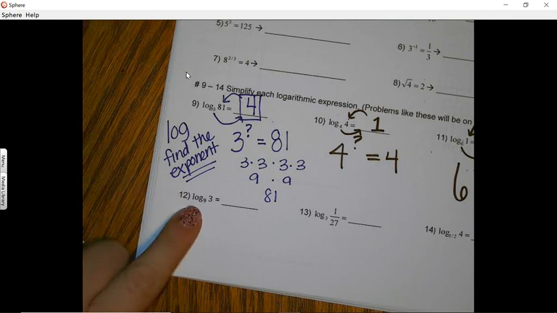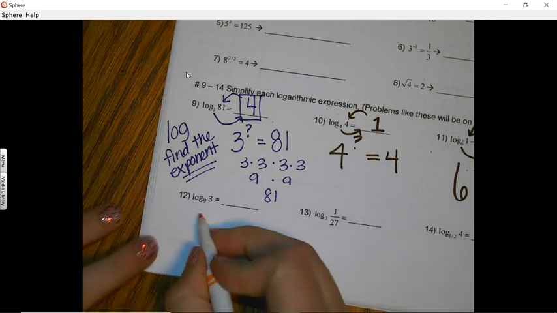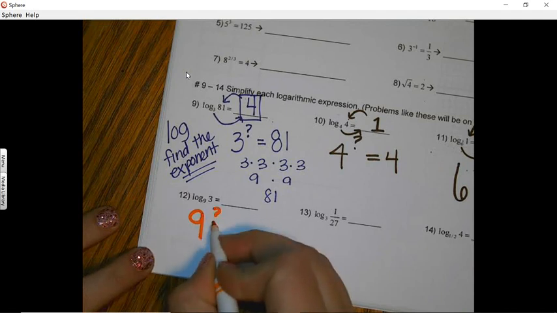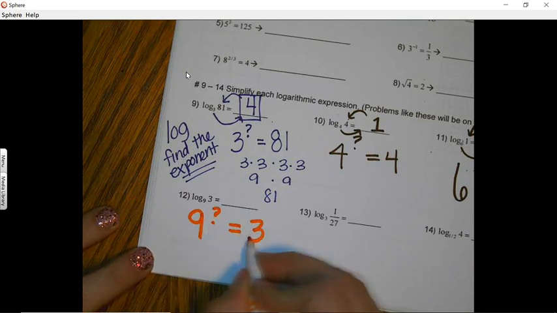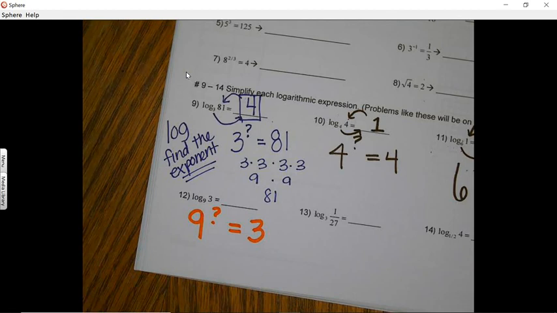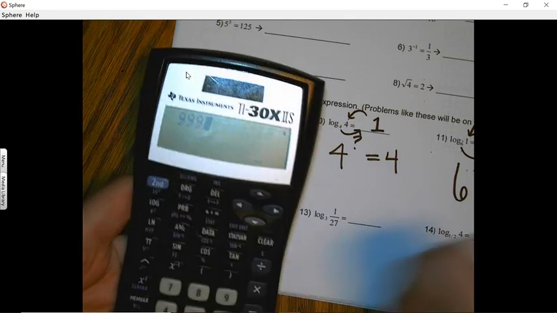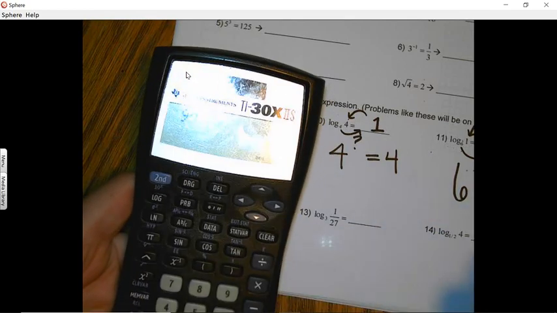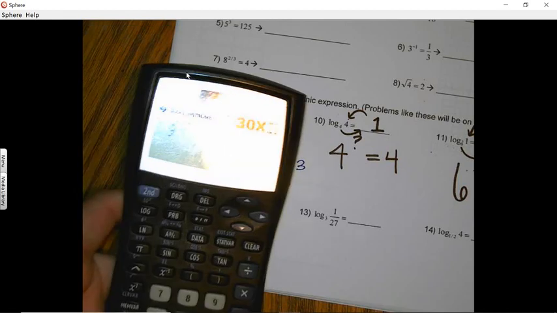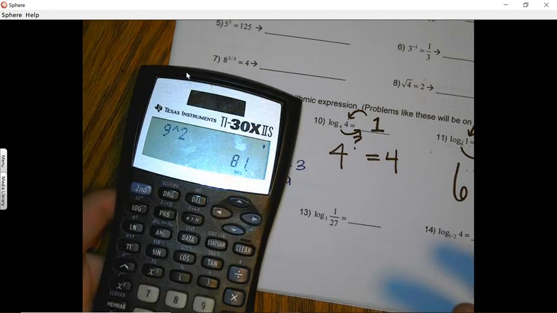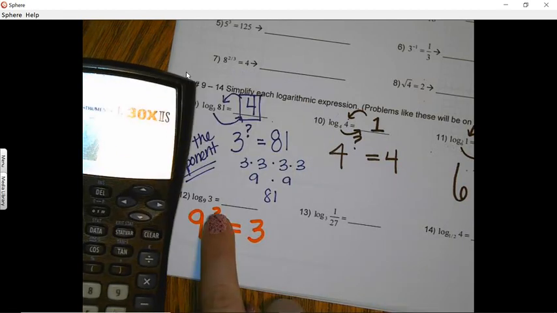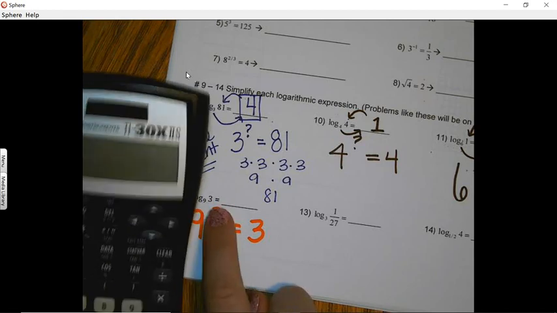Okay, let's take a look at number 12. So this is saying 9 to what power is equal to 3? 9 to what power is 3? So far, we've learned that we could have positive exponents. So 9 squared or 9 cubed, a positive exponent makes it larger.